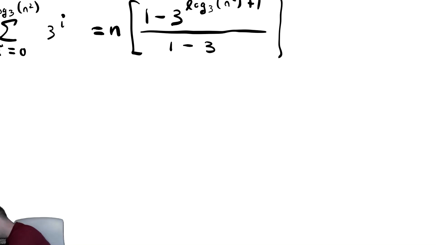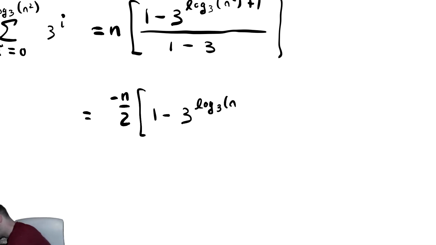So this equals, the denominator here is 1 minus 3, which is negative 2. So this is negative n over 2 times quantity, 1 minus, I'm going to rewrite the 3 to the log 3 of n squared plus 1 as 3 to the log 3 of n squared times 3.